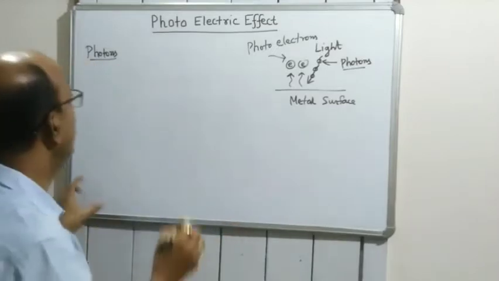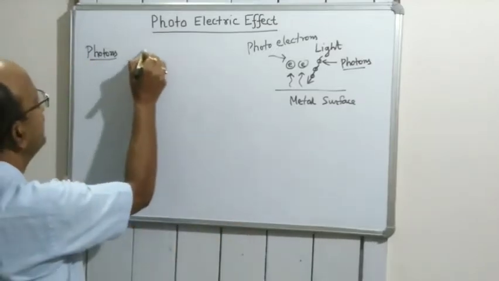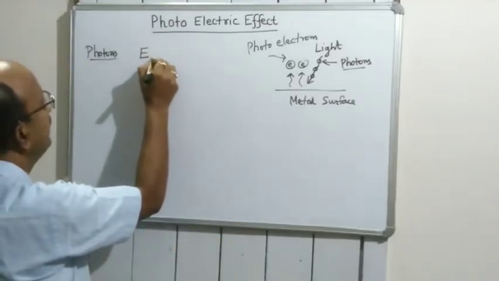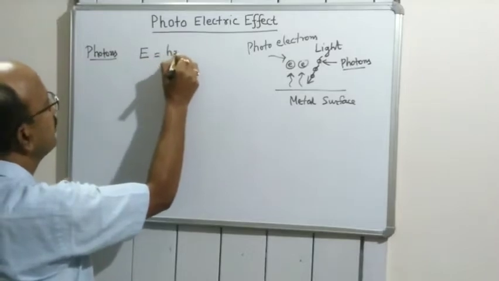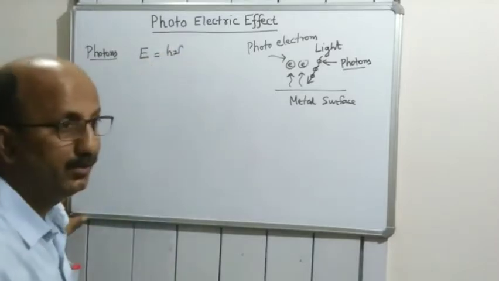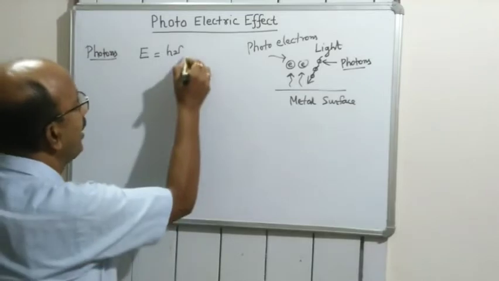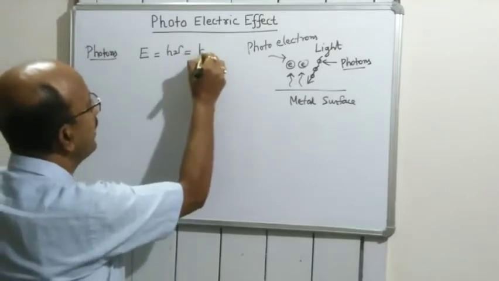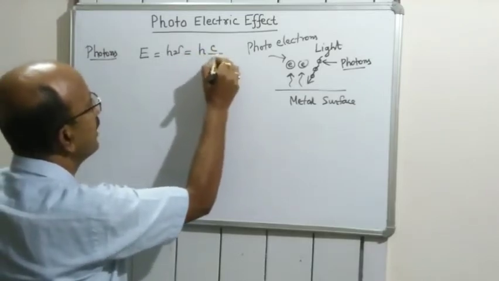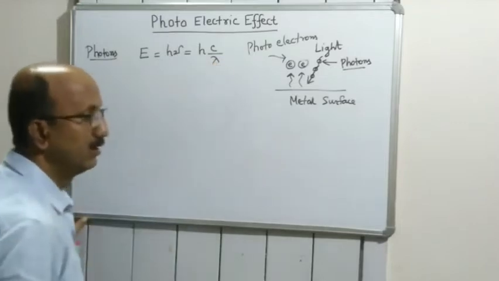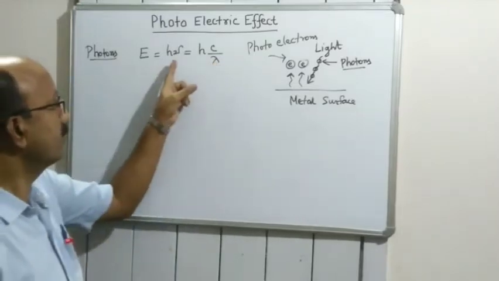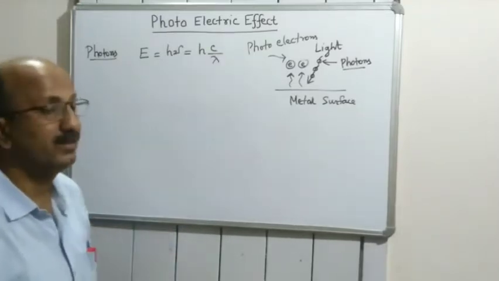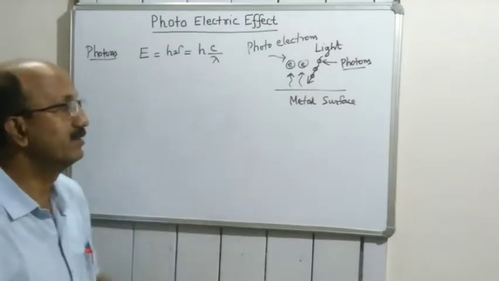Now each photon has energy E equals h nu, where nu stands for the frequency, and it can also be written as h c by lambda. c stands for the speed of light, lambda is the wavelength.